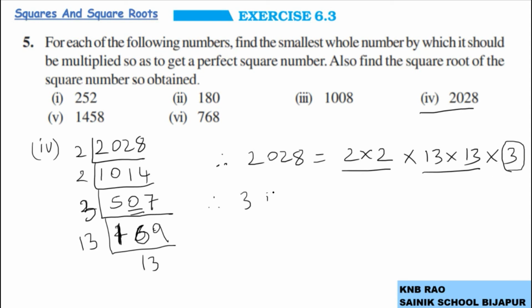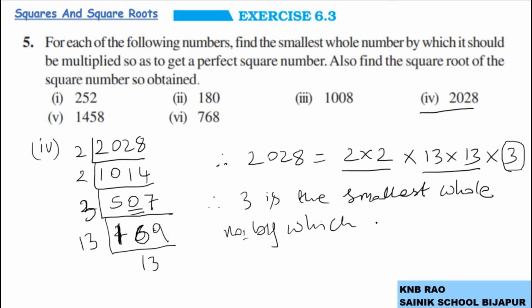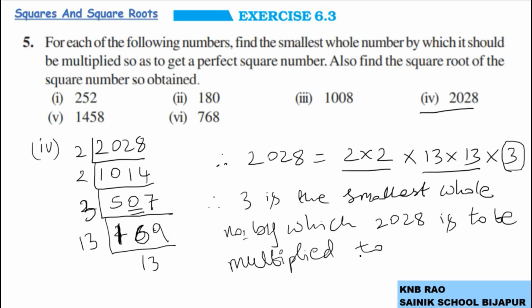Therefore 3 is the smallest whole number by which the number 2028 is to be multiplied so as to get a perfect square.